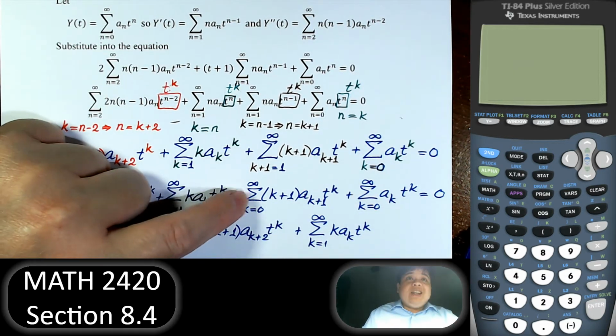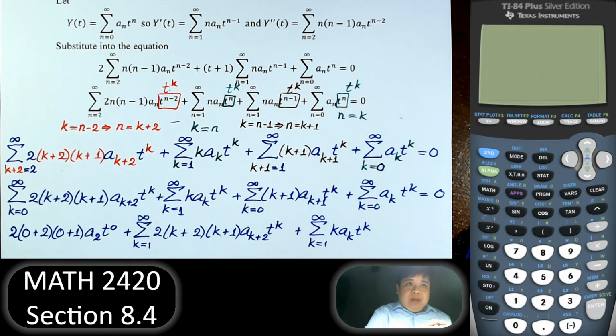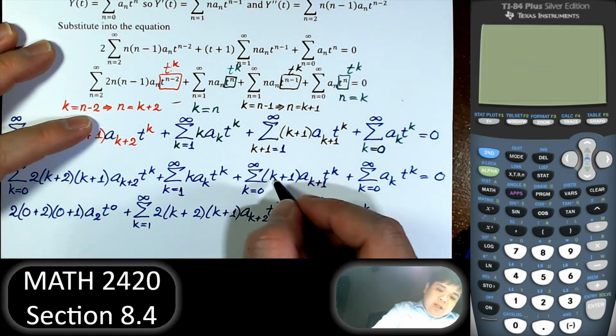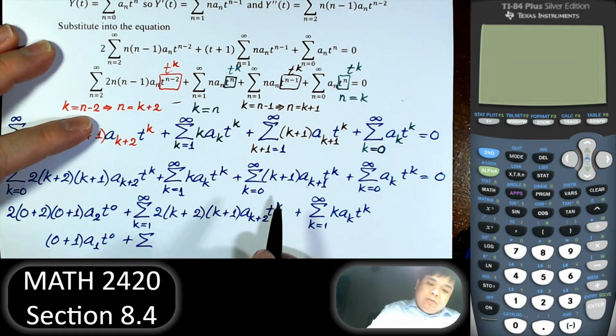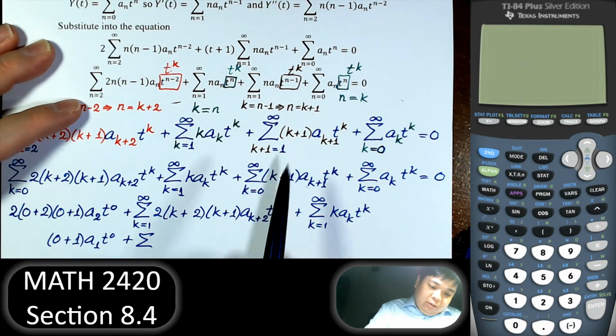Right, this series starts at 0, so we have to split out one term. So put 0 in here, 0 plus 1, a sub 0 plus 1, t to the 0, and then the summation for that one.